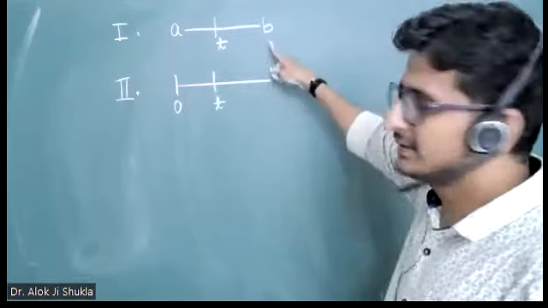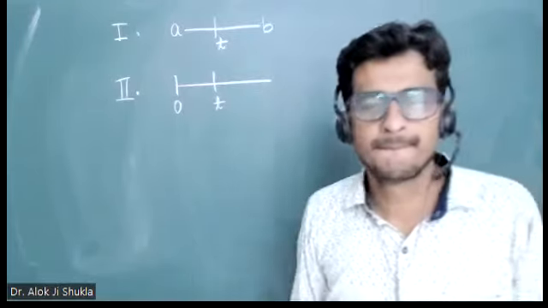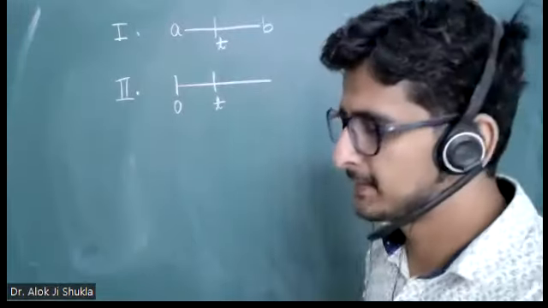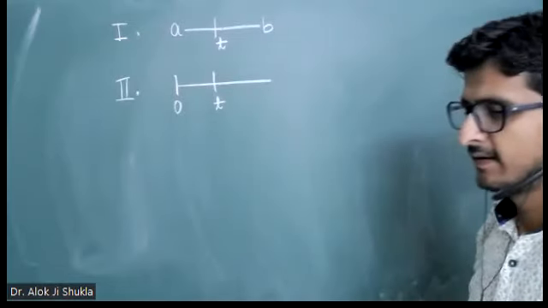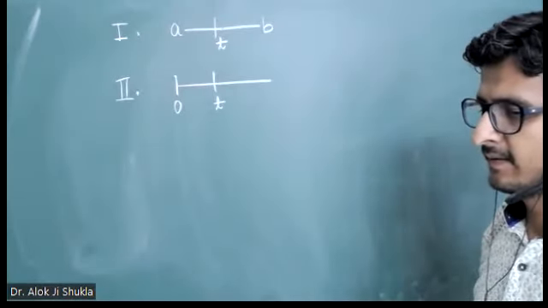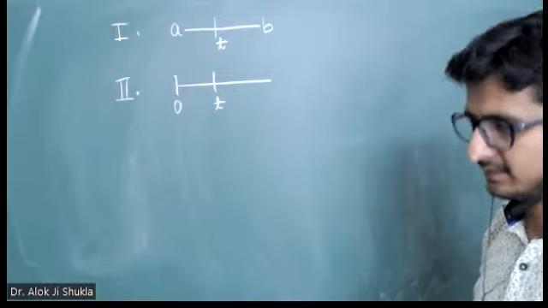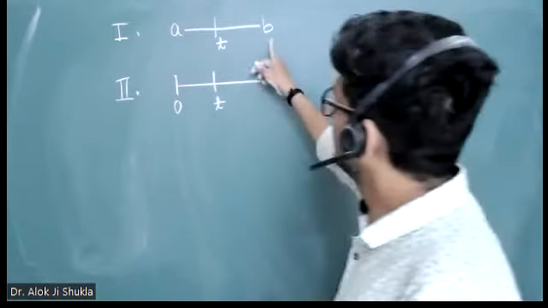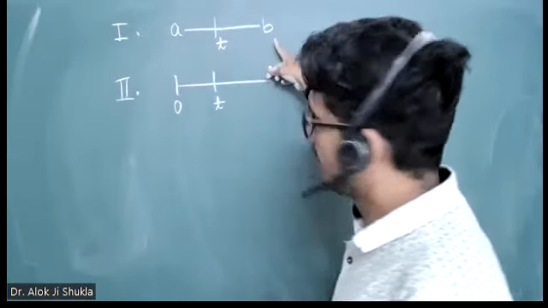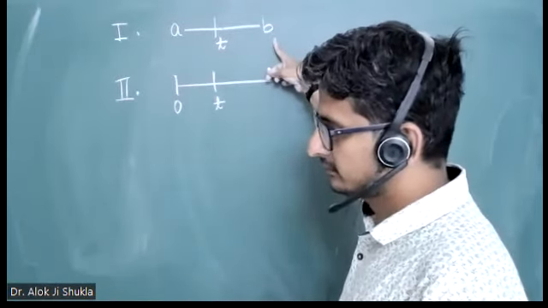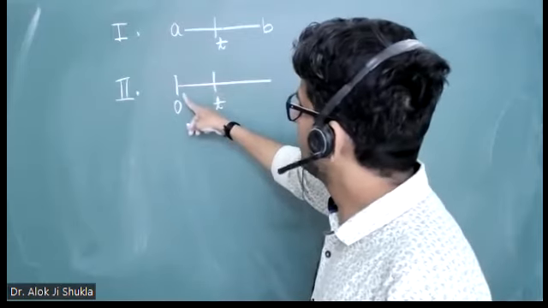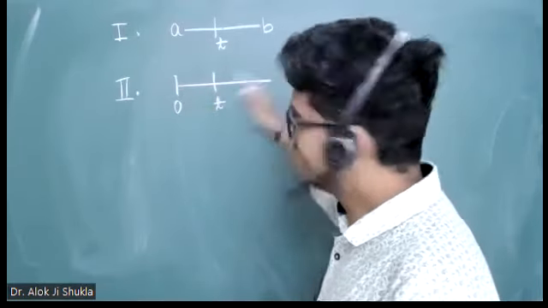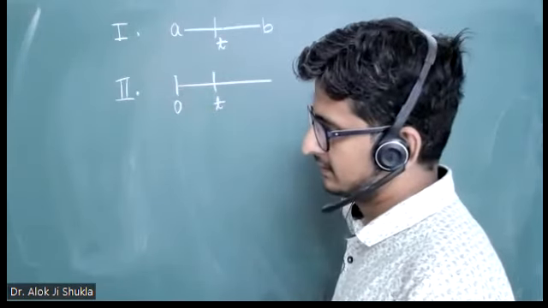So sir, the first was A to B. Puneet, and Deepak, the first form was A to B. The second form is 0 and the rest infinity.